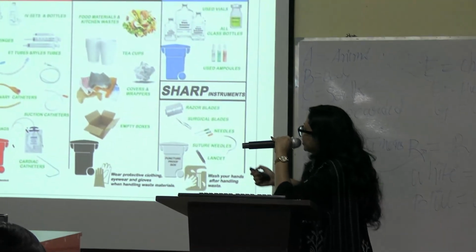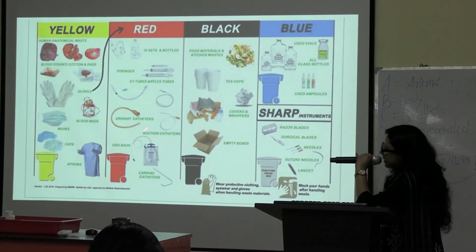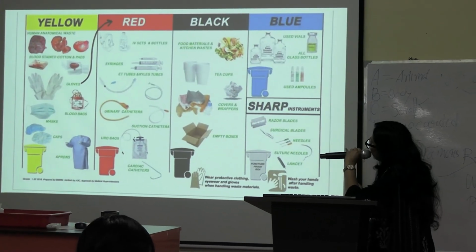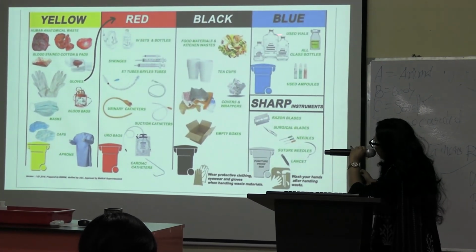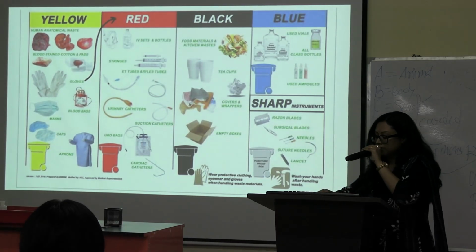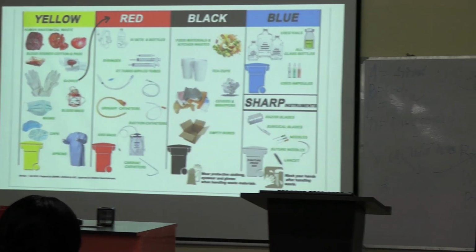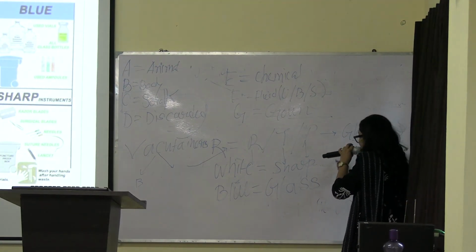Here you see, yellow is soil, you remember yellow, you remember soil. Red is rubber, tube and plastic. Black is all the general waste. Blue is glass, and then white is sharp. So there is something called cross mnemonics. It is for bags.